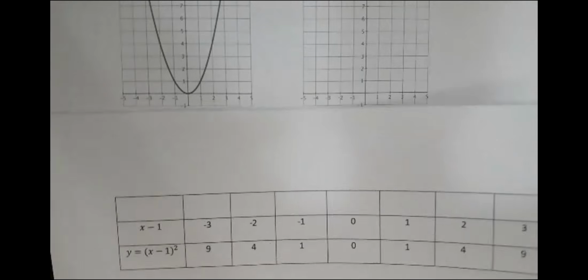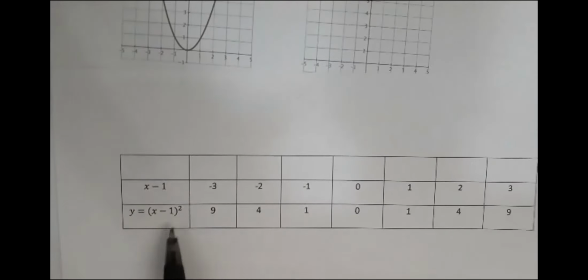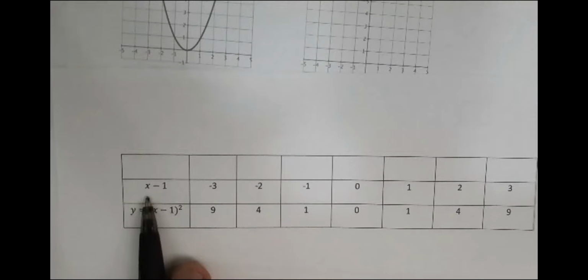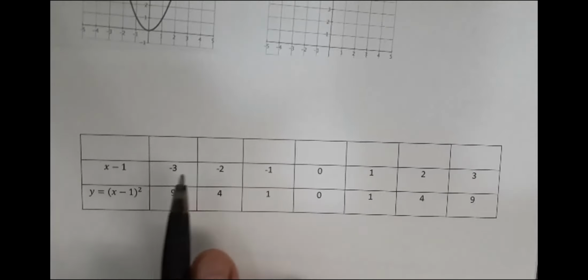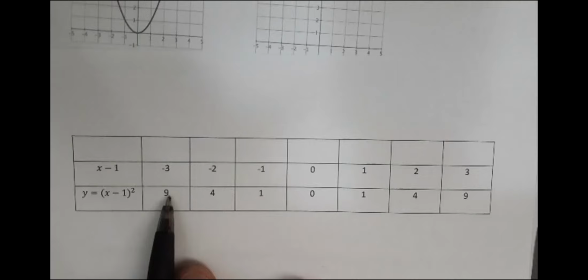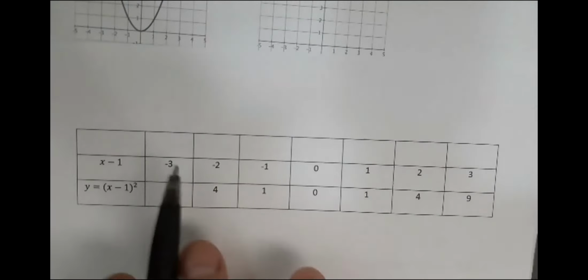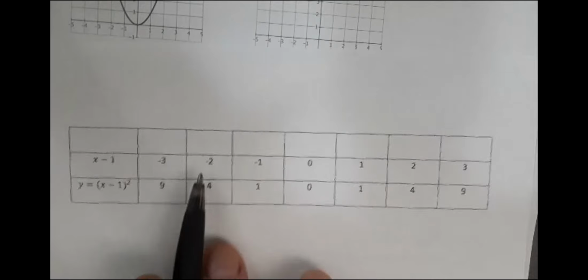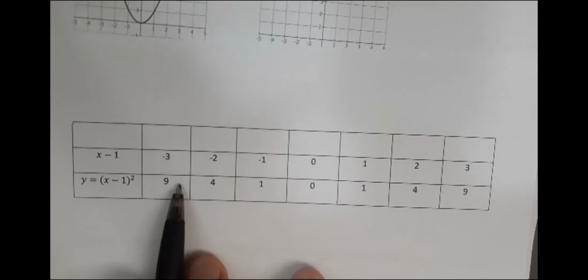So now if I take y equals x minus 1 squared, the thing that I'm squaring is not x anymore, but it's x minus 1. So if I take a minus 3 and I square it, I'm going to get 9. So if I let my x minus 1 be these numbers, and I square them, I'm going to get to here.